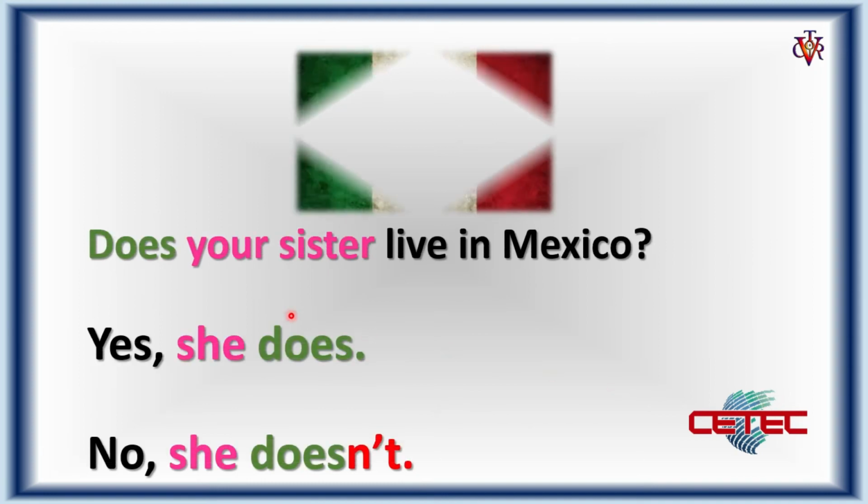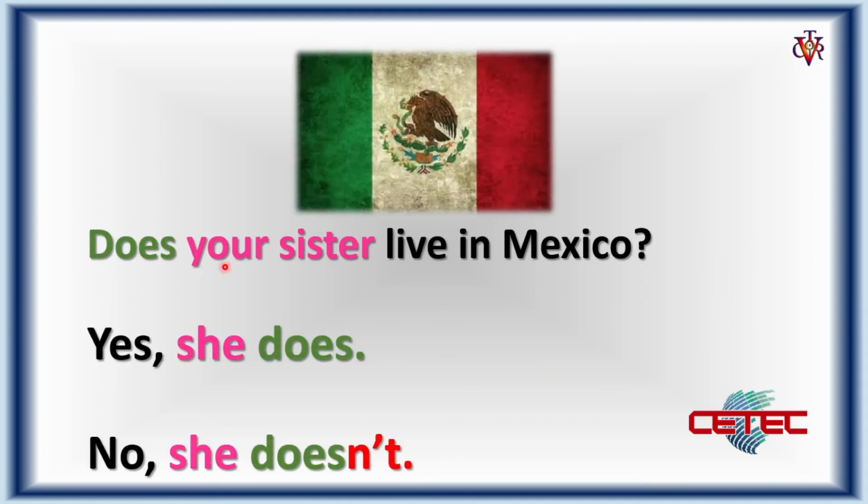Let's see a few examples. Does your sister live in Mexico? Yes, she does. No, she doesn't. Now, the sentence starts with does because in the structure they have to use does for he, she, it.